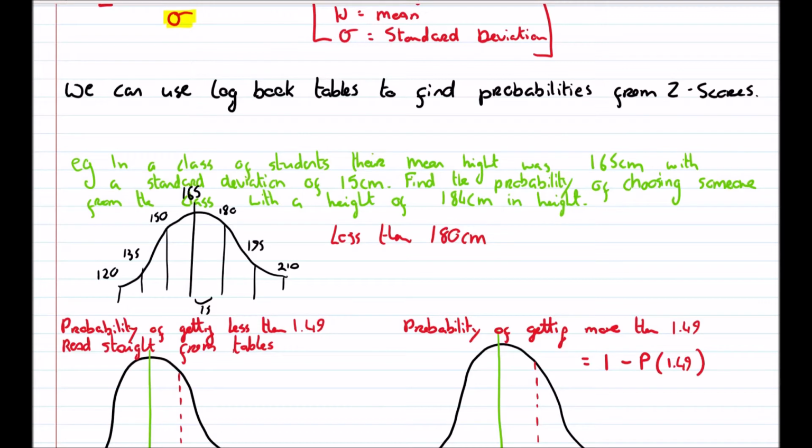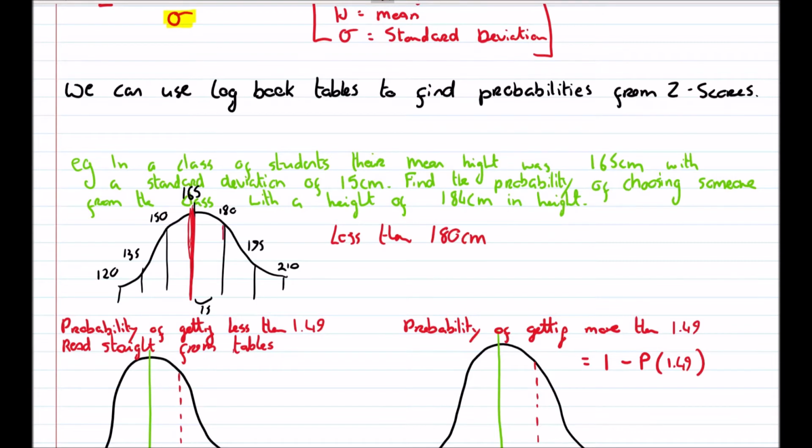So if you bear this in mind, the whole normal distribution curve has a probability of 1. So that means getting someone with a height of less than the mean, and the mean is halfway, would be 50%.